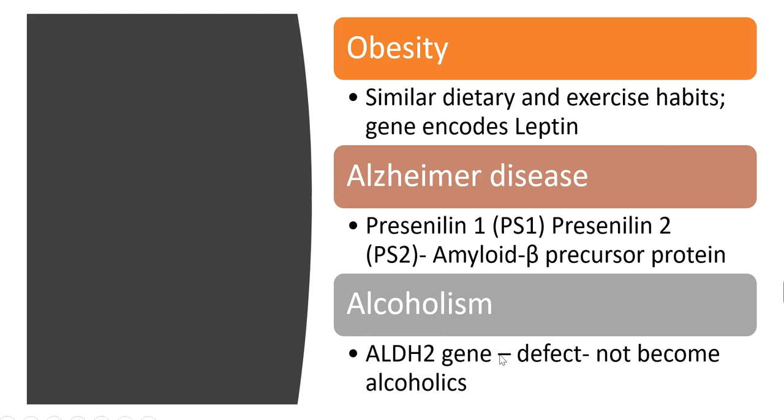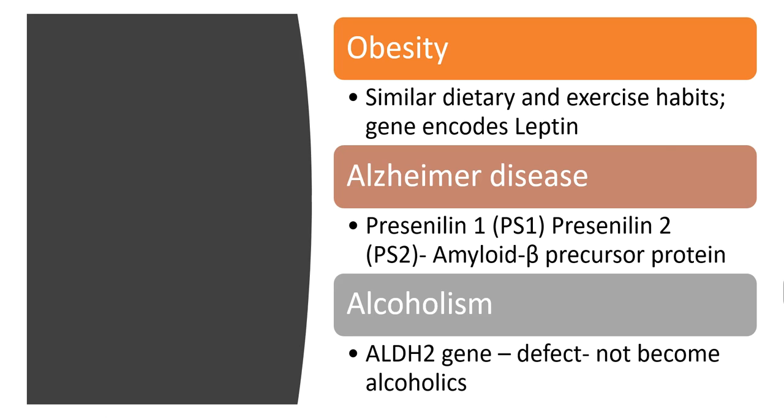Alcoholism: there is a gene which encodes for ALDH2 which is defective. Why I included alcoholism is that there is a gene ALDH2, we saw it in ethanol metabolism. Some people do not have that gene, so these people do not metabolize alcohol.